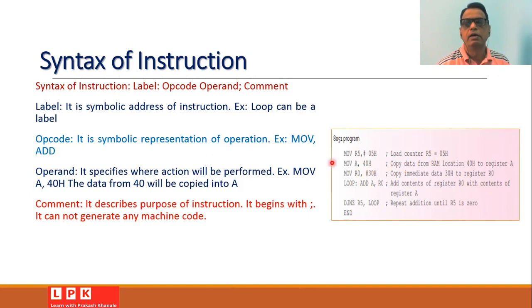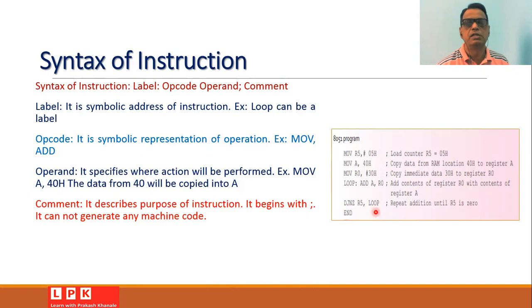In this way we can write different instructions in the 8051 program, and at the end of the program we write the word END. Say, for example, we have given the label LOOP for the instruction ADD A, R0, and this label is used in other instructions such as DJNZ R5, LOOP.